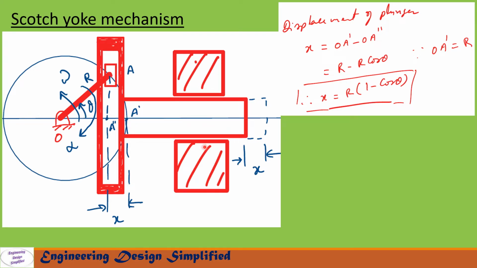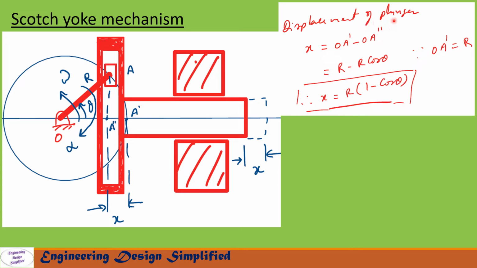When the crank rotates by an angle theta counterclockwise, the slider moves towards the left, and this displacement we call x. If this is x, this is also x, from A prime to A double prime.